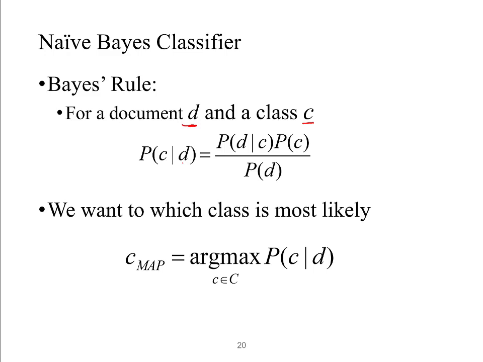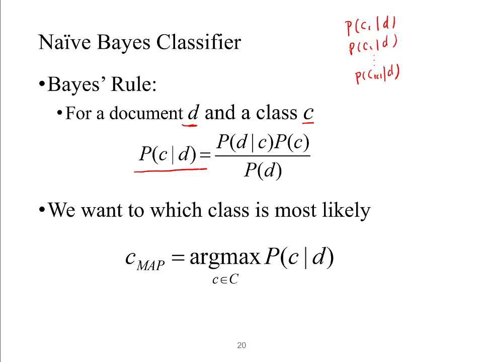And you can imagine if we know the probability of C1 given D, C2 given D, and so on, then we pick the maximum one, which is the most likely one. It would be the prediction result of this classifier. Right? So it's all about computing the probability of C given D.